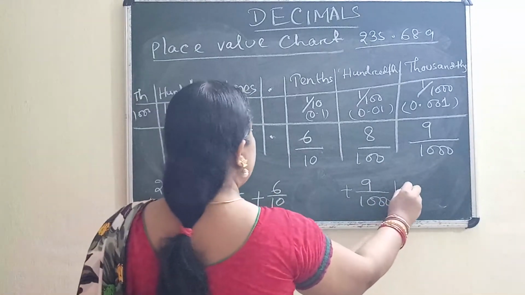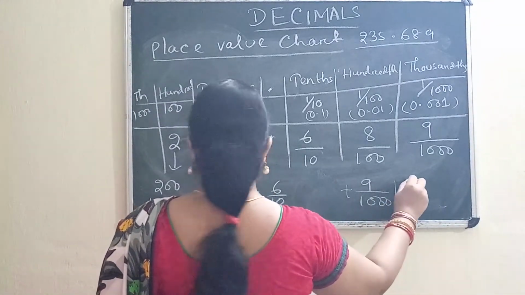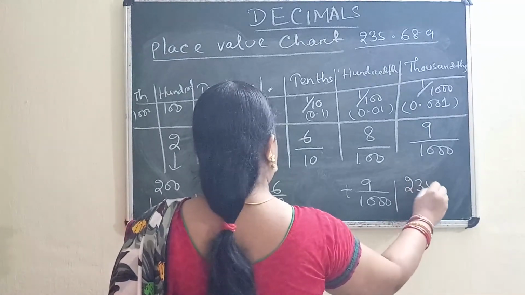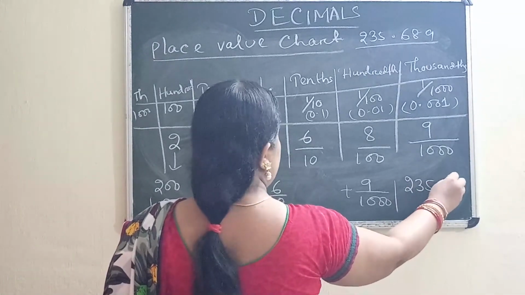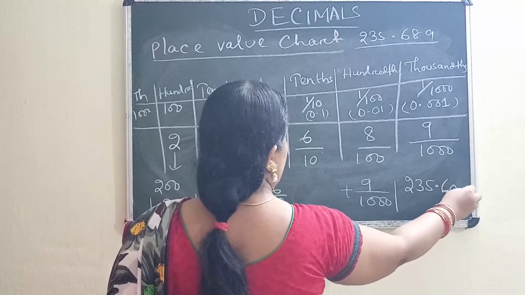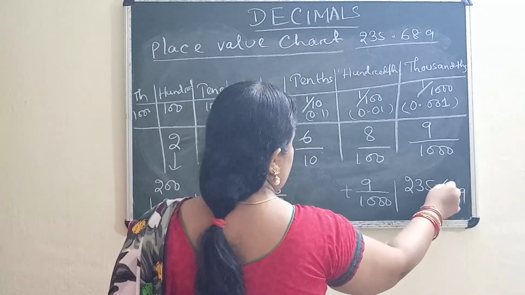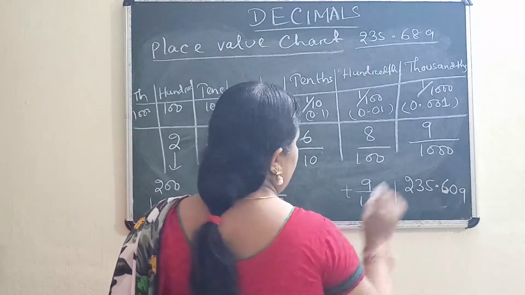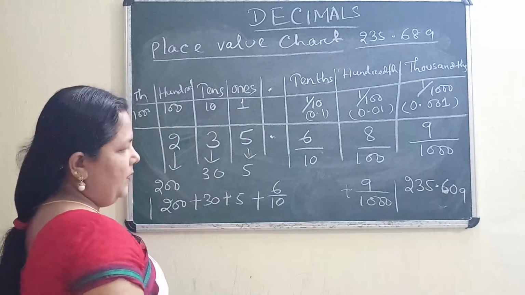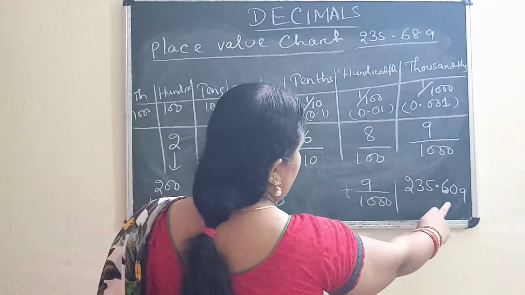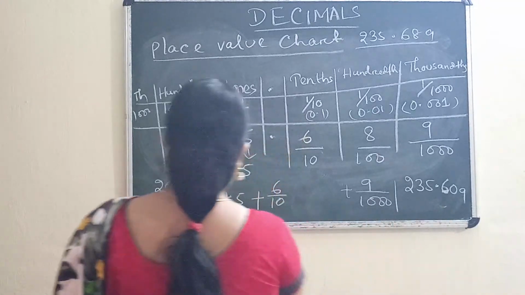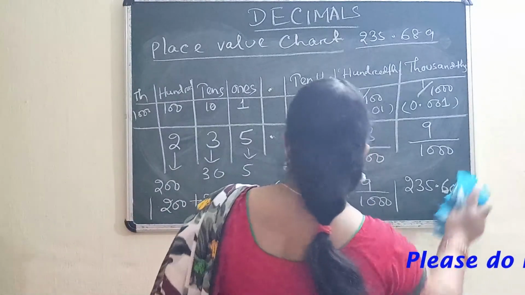You will represent 235.609. In the absence of any place, you will put 0. So now this is your compact form or short form, and this is your expanded form.